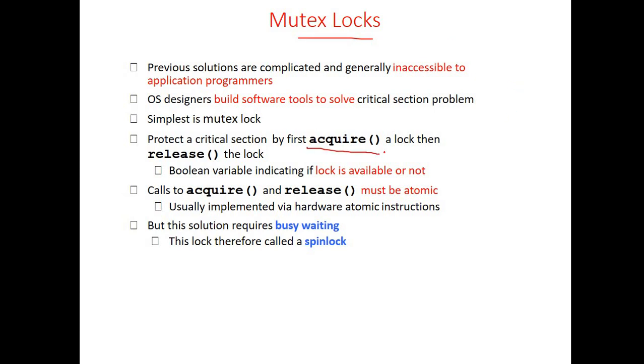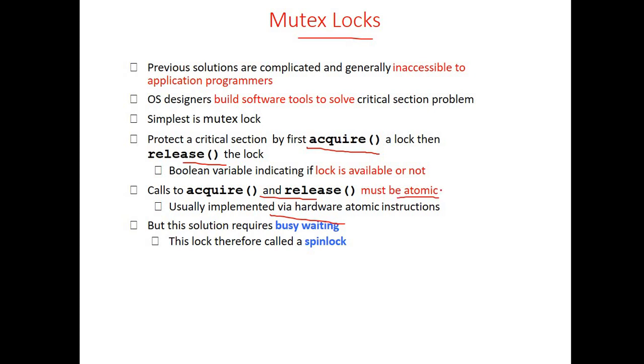The implementation of these mutex locks is done by two functions: one is the acquire function, and the other is the release function. These acquire and release functions are implemented with the help of hardware instructions, and these functions are atomic in nature.